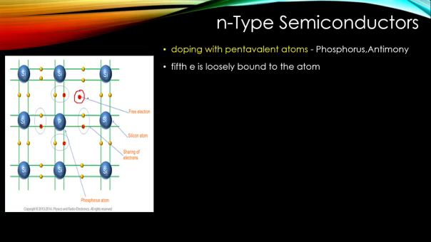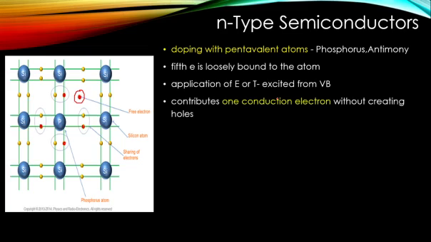So that electron can be easily made conducting or free with the application of an electric field or temperature. So if sufficient temperature is given or if sufficient electric field is applied, you can excite that loosely bound electron of the phosphorus and make it free. So each dopant atom will contribute one conduction electron without creating a hole.